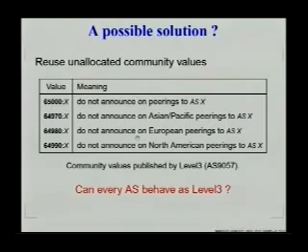A third example of a solution, proposed by Level 3, is to reuse the space that is not allocated to anyone, the space for which it is unsure it can be used or not.